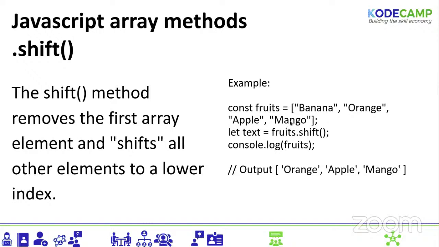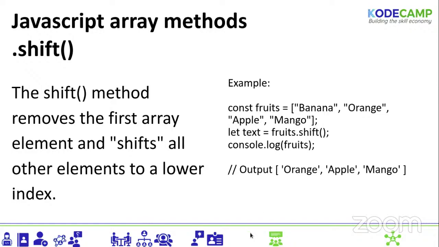Since there's only index 0, index 1, index 2, index 3 doesn't exist, it's automatically gone.